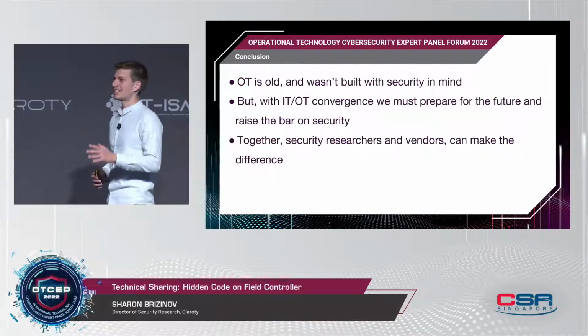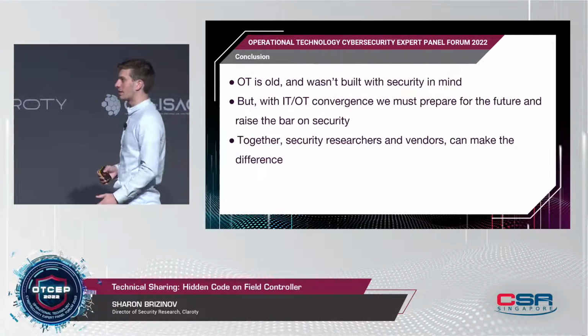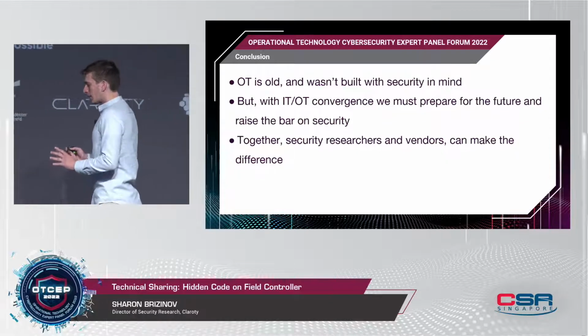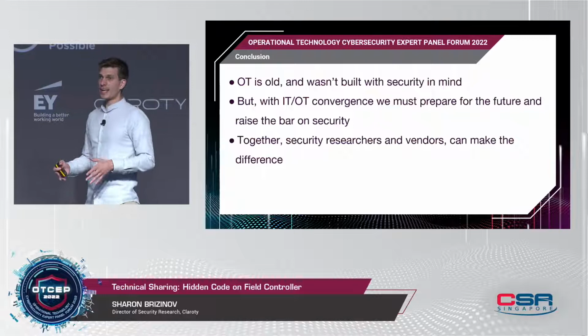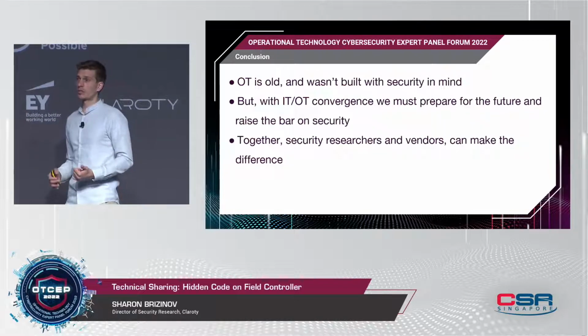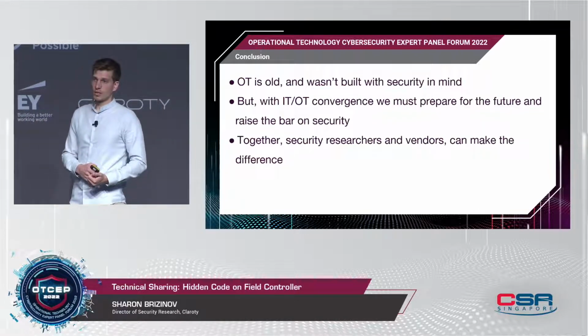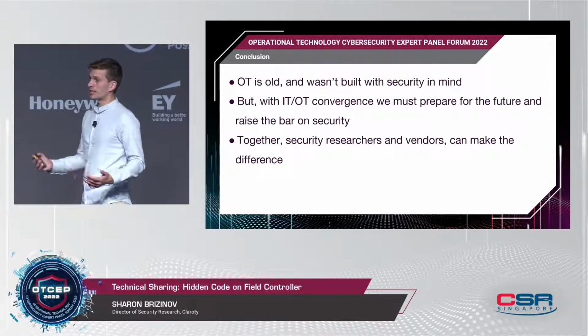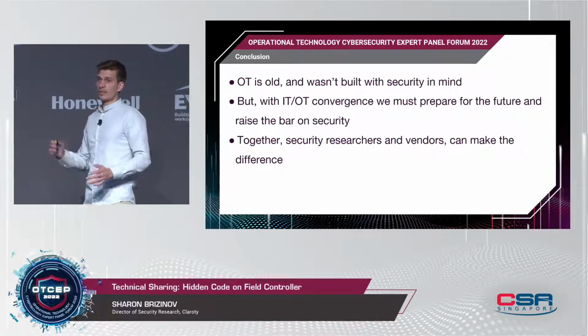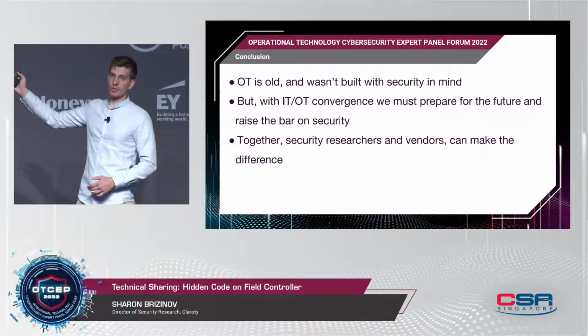Now, to summarize this session, I want to say, yes, OT is old and ICS systems are a legacy. I understand this. But convergence is inevitable. We're seeing right now, you actually can control some PLCs with your iPhone. Code assist platforms allow you to download and upload code through the internet. So it's not a remote dream.